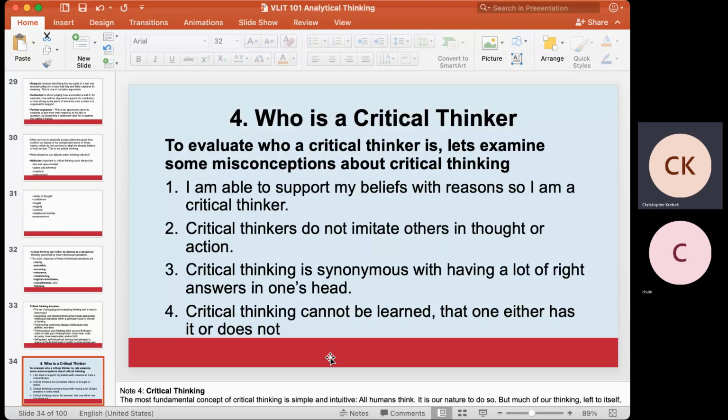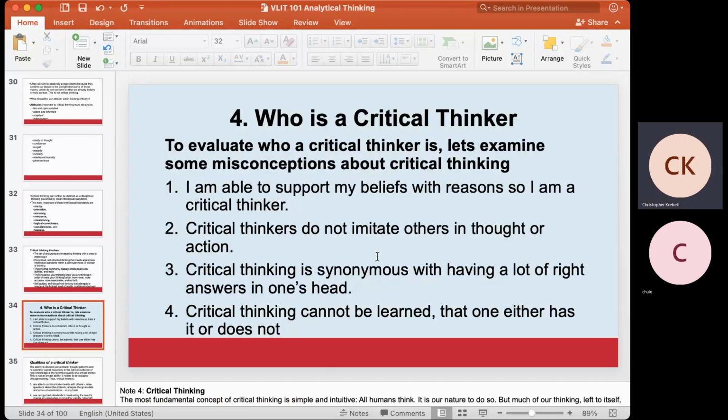So if you say critical thinkers cannot imitate others, there'll be a problem. Because here, you are quoting others, you are citing people, you make reference to people. Whatever you are saying, you try to make reference to other persons in order to continue that.